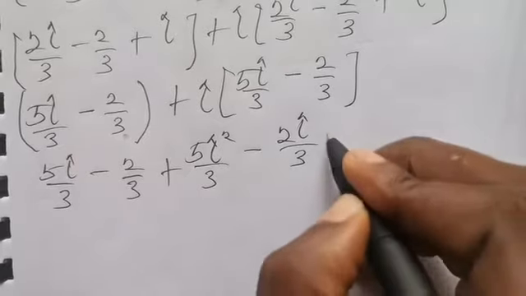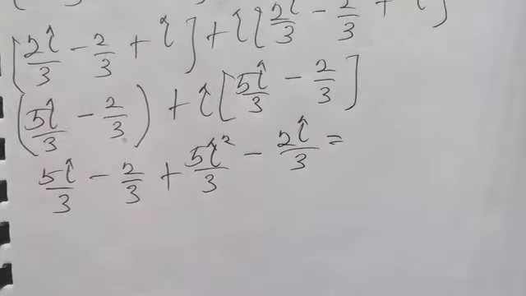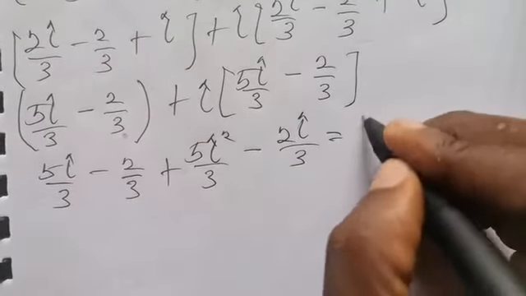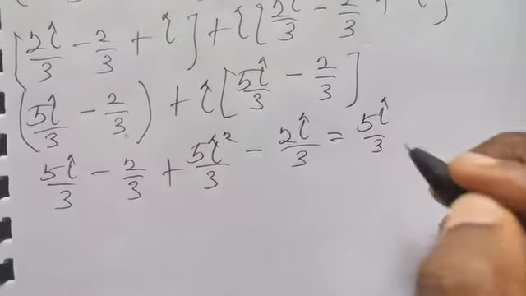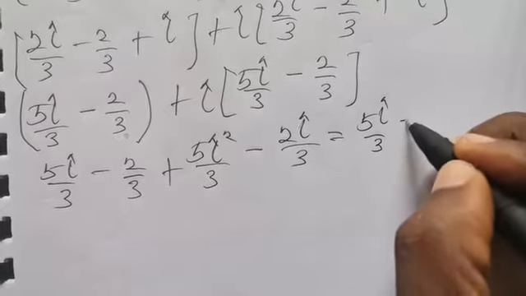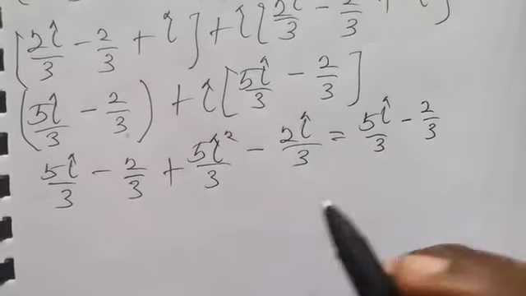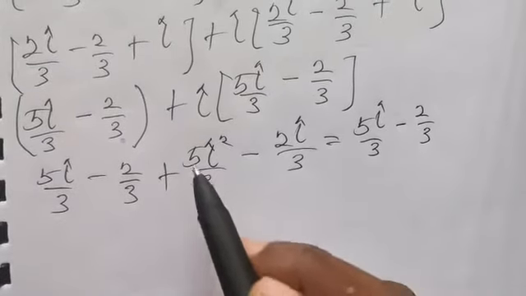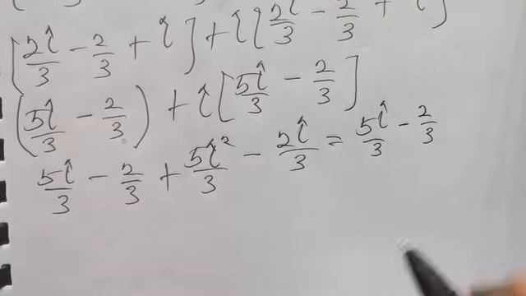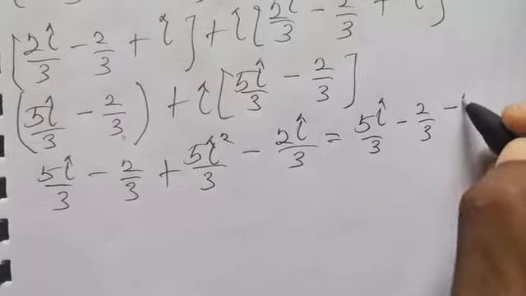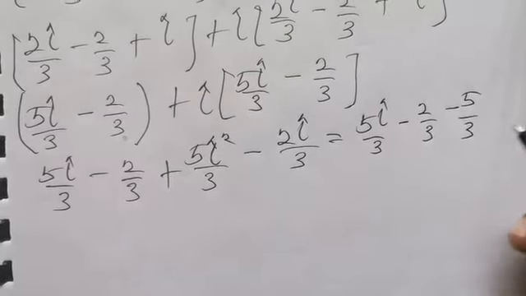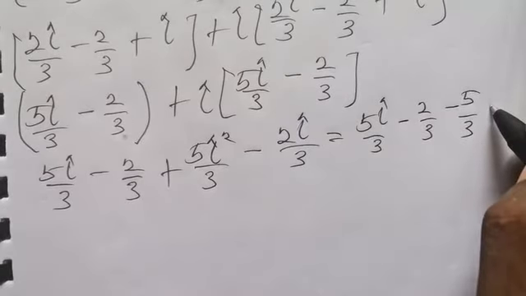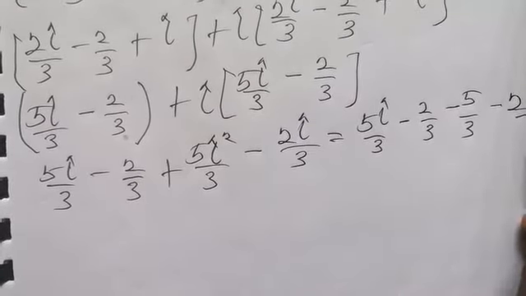So this is equal to 5i/3 minus 2/3. Mind you, i squared is negative 1, so negative 1 times 5/3 becomes negative 5/3. Over here we'll have minus 2i/3.